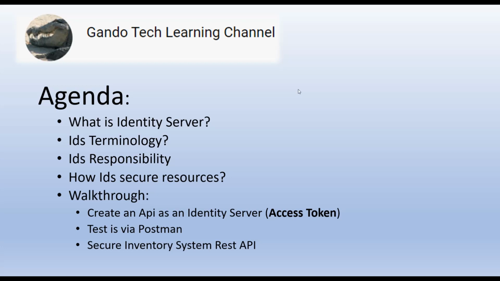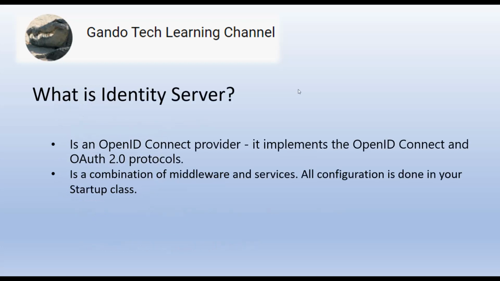You can just watch this video and then secure your own web API. Or if you don't have any idea about that and want to learn how to implement that API, then don't worry. That video is on our channel. You can go there, watch that video, and then come back here and continue to see how to secure that web API. So bear with us to see what would be next.